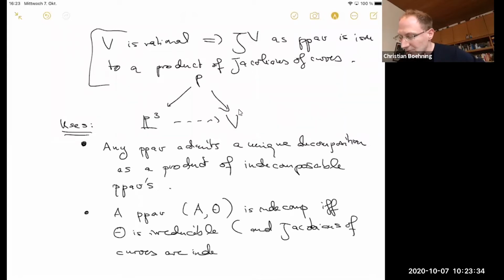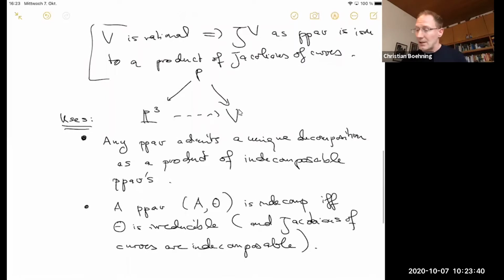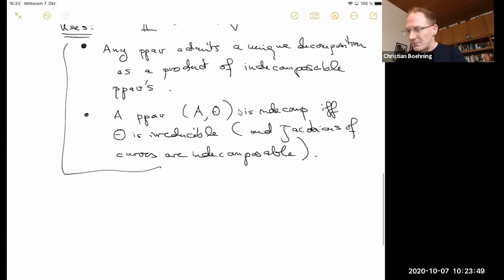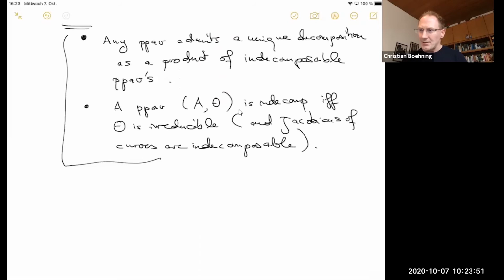Of course, then you also need to know more facts about Jacobians of curves eventually to conclude. But these are really two properties that I want to emphasize because I like to think of them as somewhat analogous to unique prime factorization holding for principally polarized abelian varieties. These are some good properties, somewhat reminiscent of unique prime factorization.